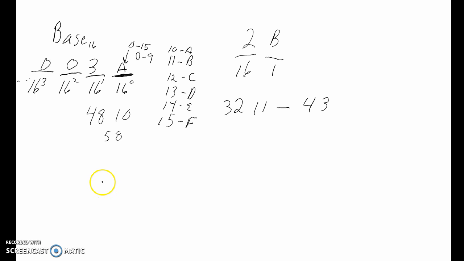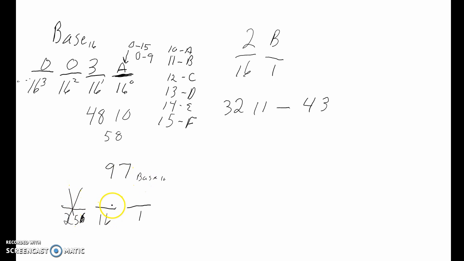Okay, and then do the reverse. Let's say I had a regular number, 97, and I want to find its hexadecimal. Remember, 97 is base 10. So this is 1, this is 16, and 16 squared is 256. So we know this number is out of the question.